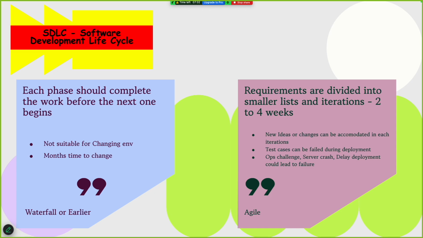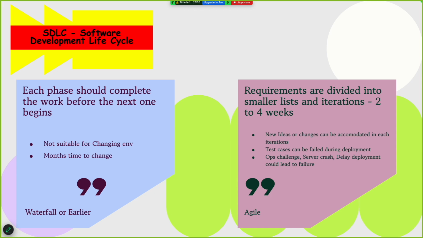So new ideas can be accommodated in each iteration, but tests can fail during the deployment, right? They made a lot of changes. The first week they do one change. After 2 weeks, the customer gives another change to be done, and the development team does those changes also.